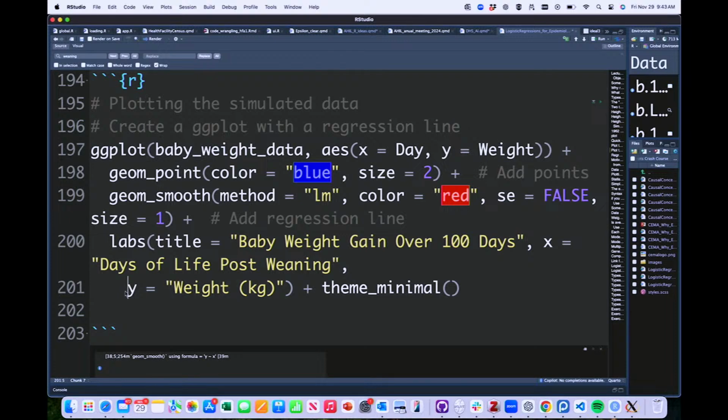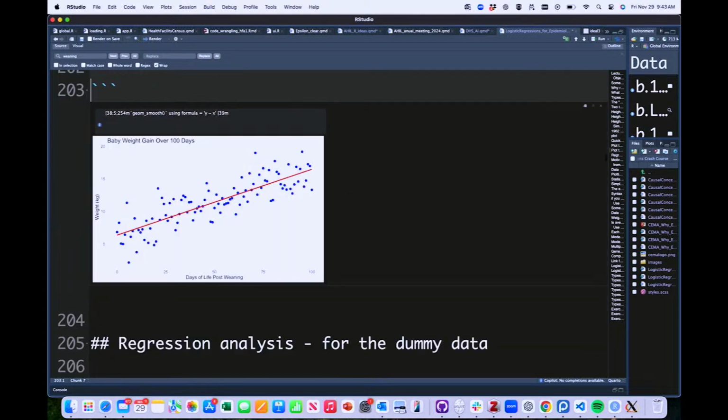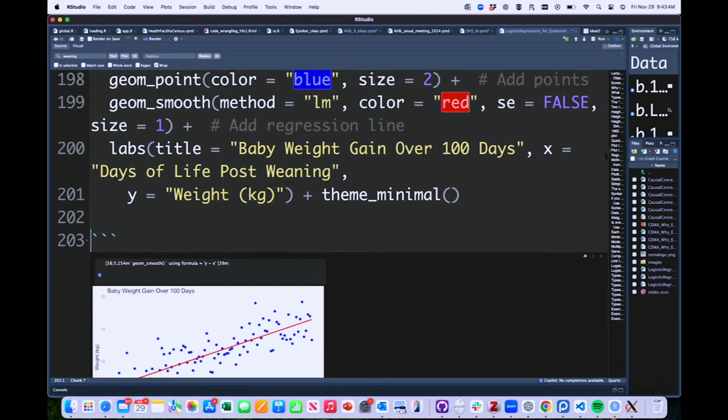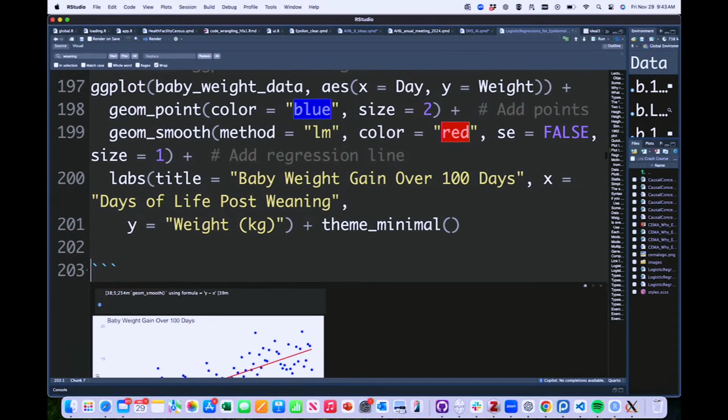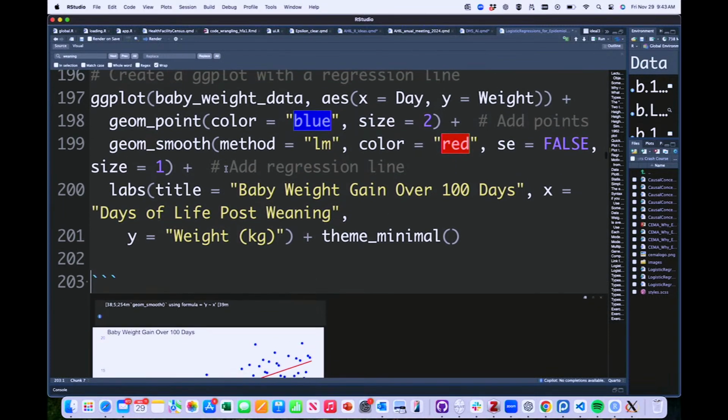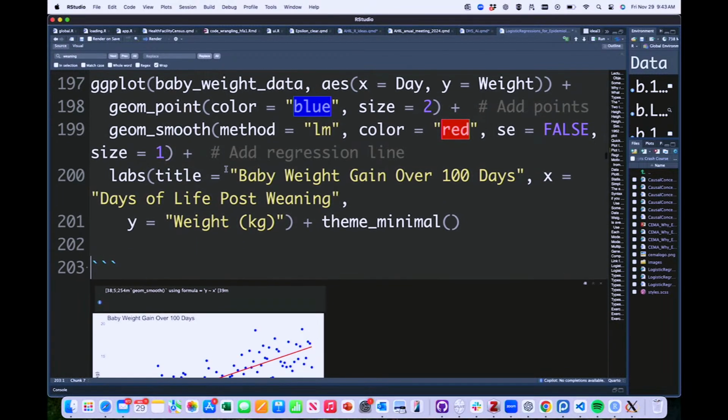Okay? Are we good? So you should expect to get a graphic like the one below.